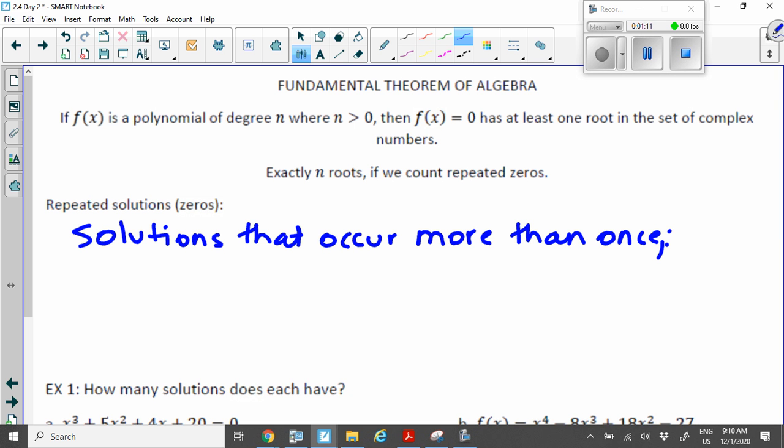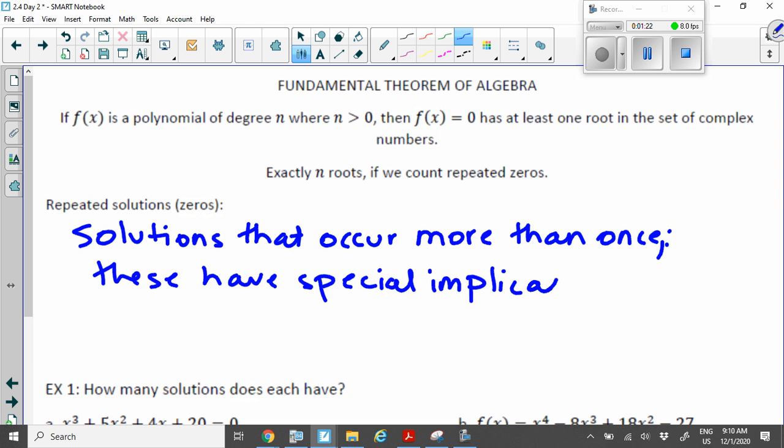So these have special implications to the graph. And we actually will be talking more about repeated solutions later on in this chapter, okay? But just know, whatever your degree is, that's how many roots you will have.